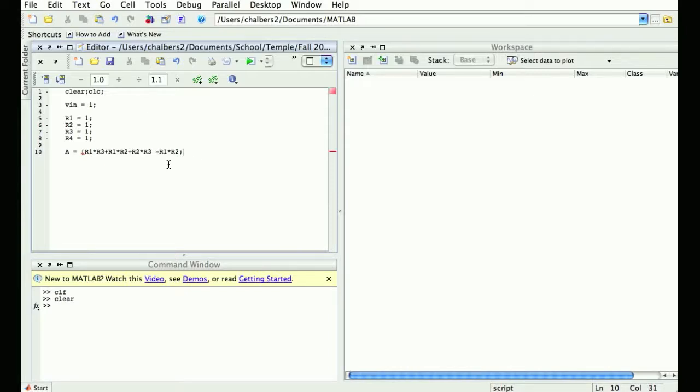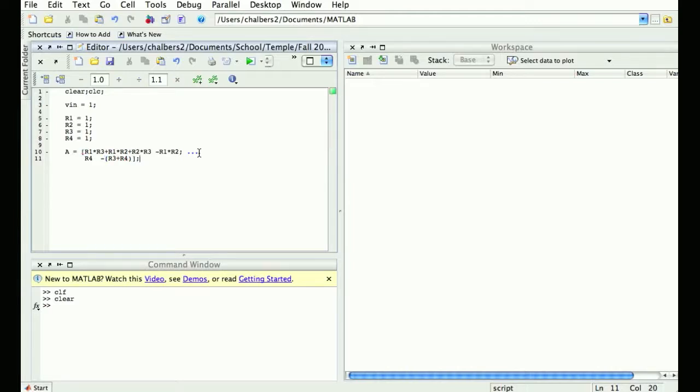A semicolon says go to the next line of the matrix. And the 3 dots says you can continue on the next line of the text file if you wish. So then I've got R4, and I've got minus R3 plus R4. So minus R3 plus R4. Okay, so that was easy.